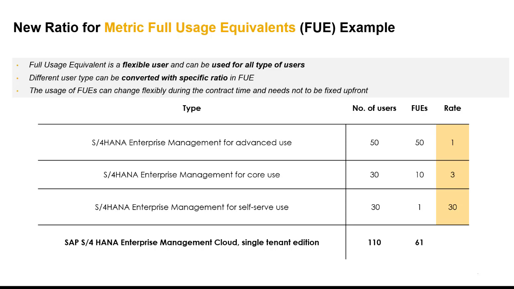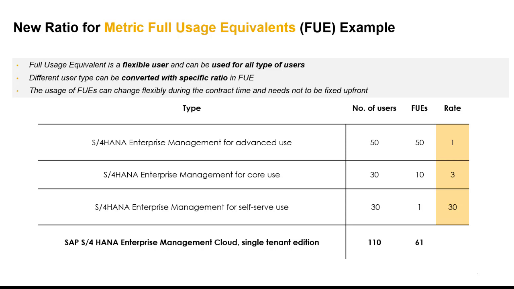Let's take a look at the first line. If we talk about advanced use, a full user equivalent, on your order form, you will see it saying advanced user, full user equivalent. So when we do costing, we've got different tiers of costing, but your advanced users is a one-on-one scenario.